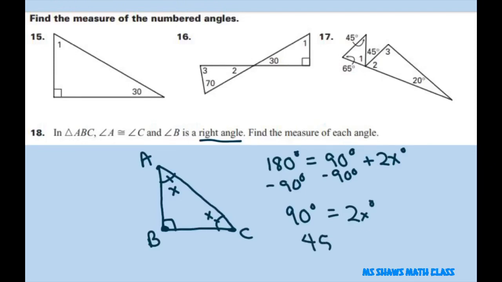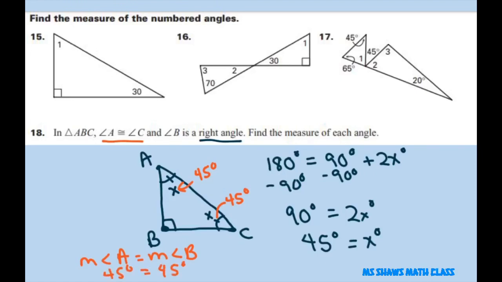You get 45 degrees equals x degrees. Probably been easier just to do this mentally. So that's 45, and these are 45 degrees. So the measure of angle A equals the measure of angle B. And that's 45 degrees equals 45 degrees. And that's it.